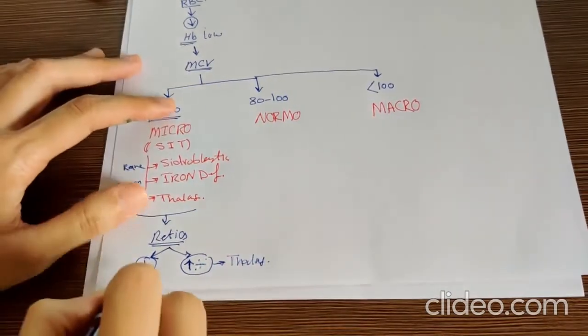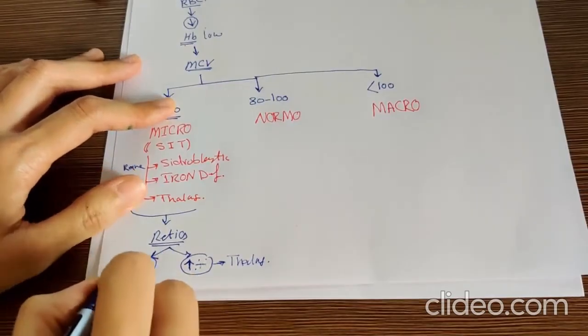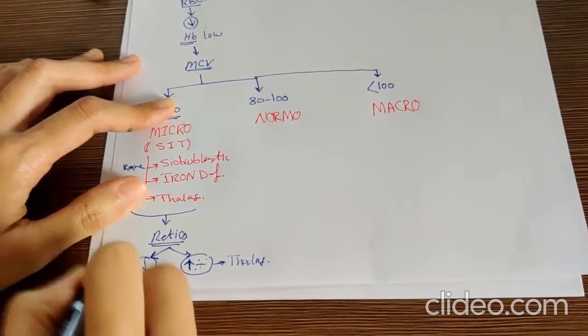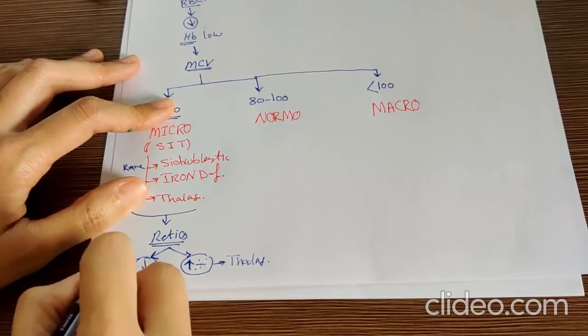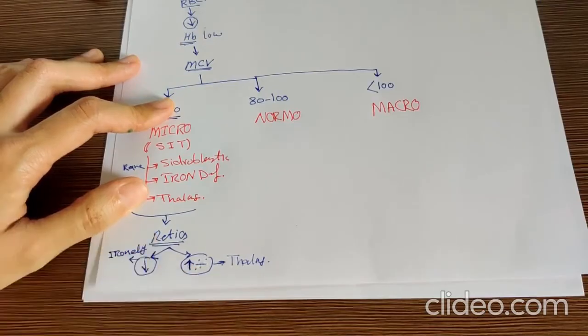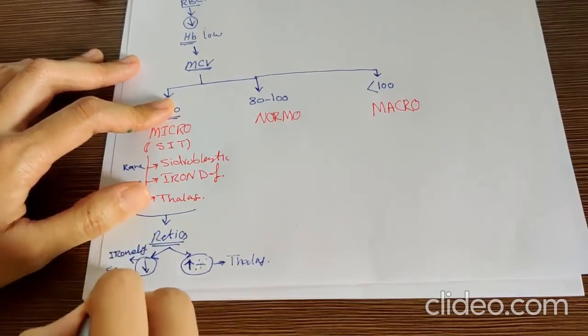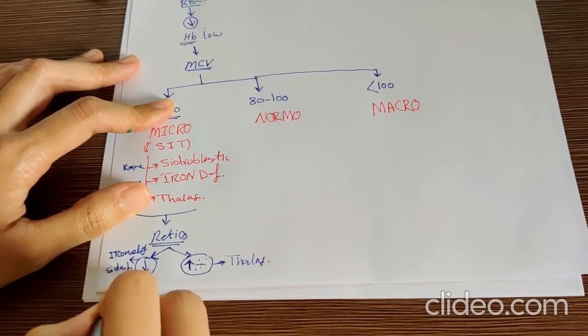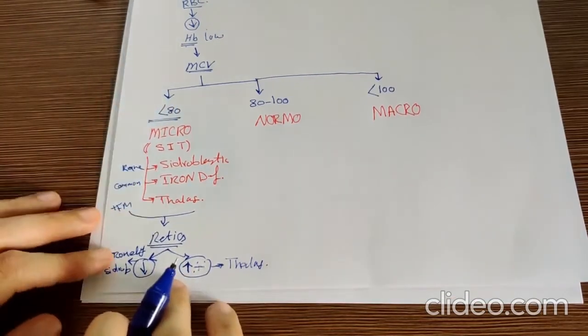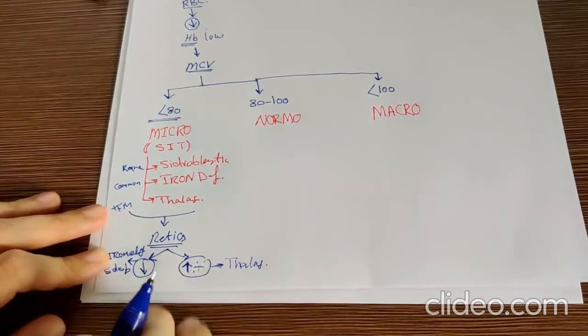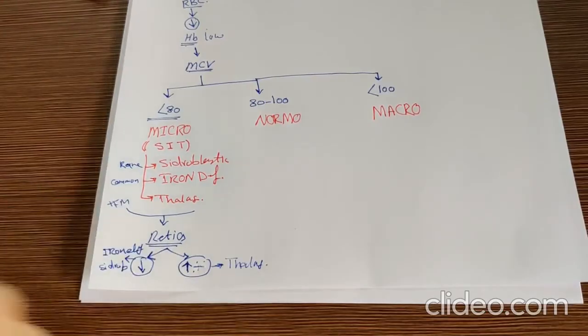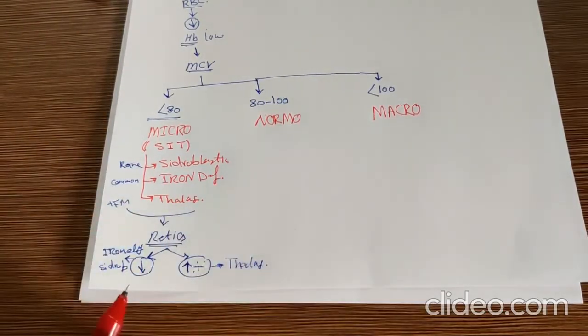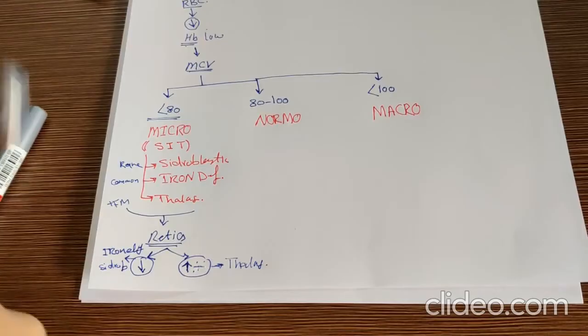If the number of the retics is low, it can be iron deficiency anemia or it can be sideroblastic anemia. Do we stop the tests here? No. You want to confirm your diagnosis. If it is iron deficiency or thalassemia, what will you do?